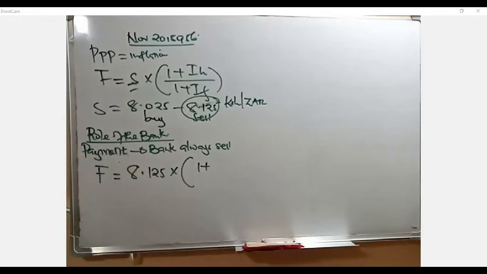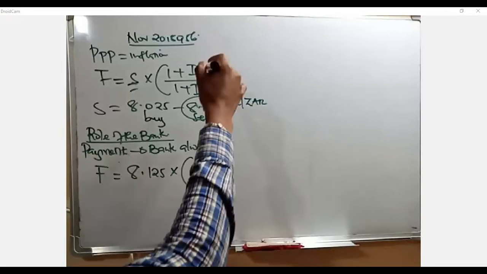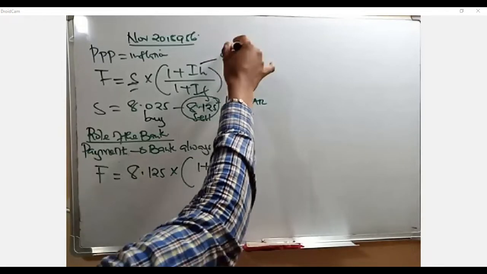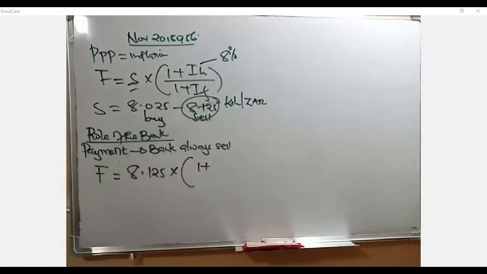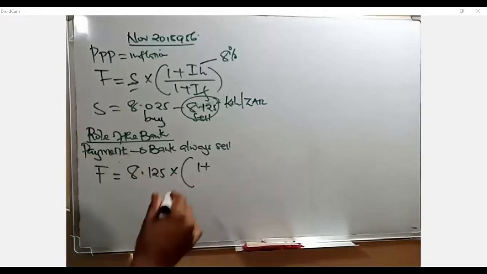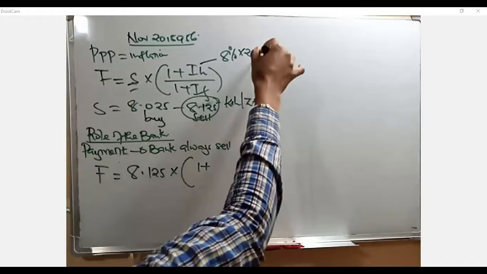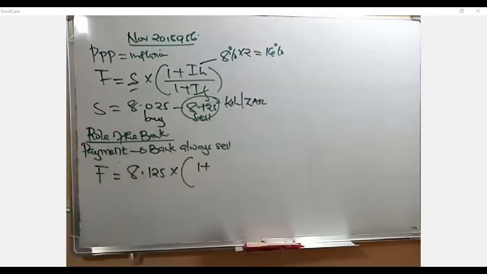So in this case, remember, the inflation rate in Kenya is given as 8%. And the question says the tender conditions state that the payment will be made in South African rands in 24 months. You multiply this by 2, becoming 16%. So I talk about 0.16.